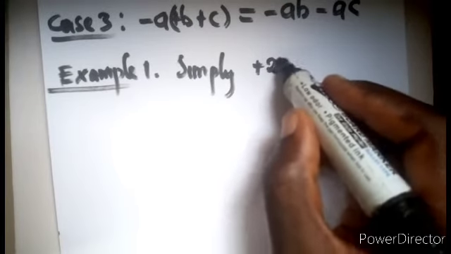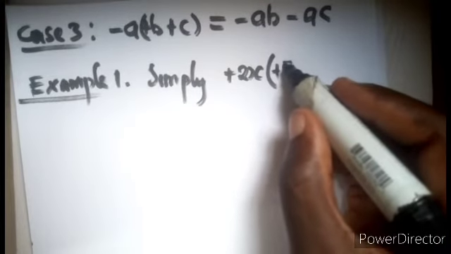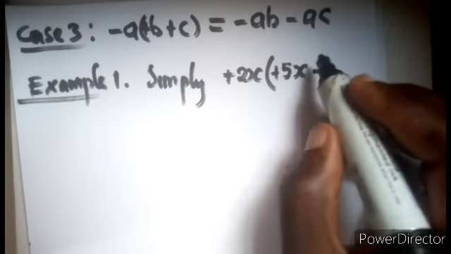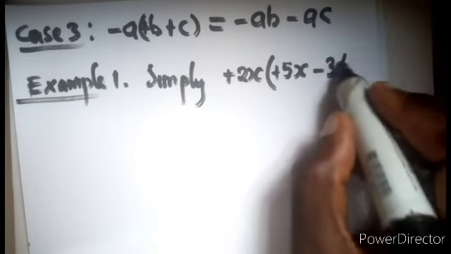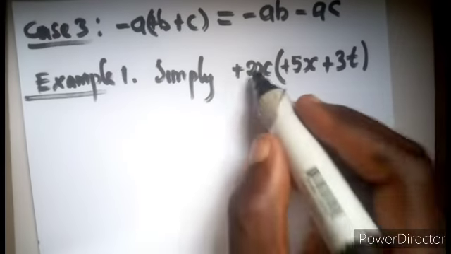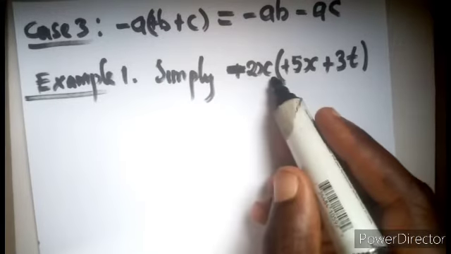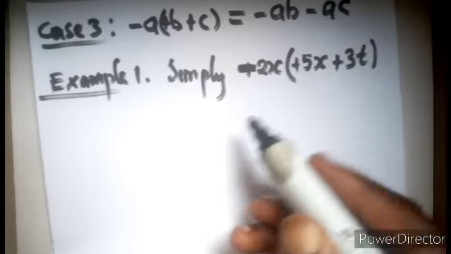That's plus 2x into what? Plus 5x... sorry, this is supposed to be minus, my bad: minus 2x into plus 5z plus 3t.